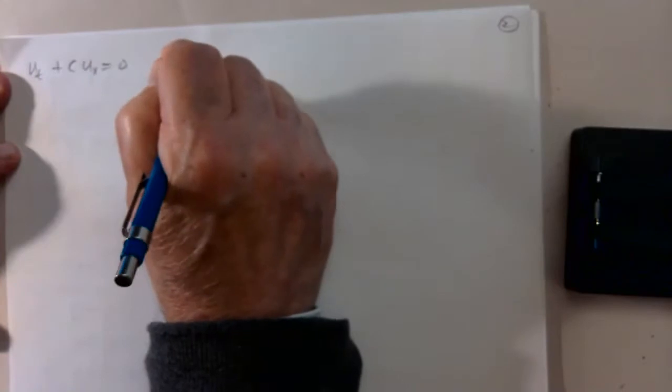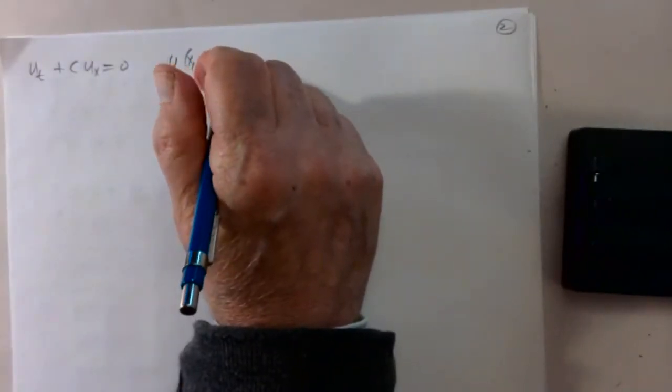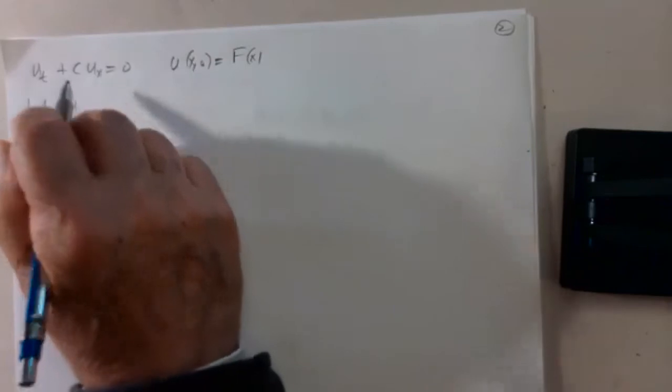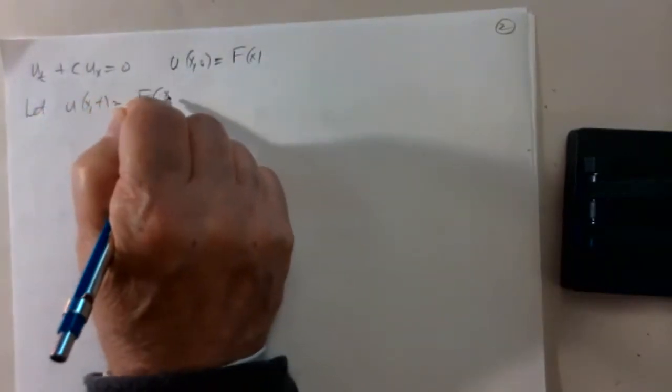So we have the partial differential equation u sub t plus c u sub x equals 0, and u of x,0 is some function capital F of x. Suppose we define u of x,t to be F of x minus ct.